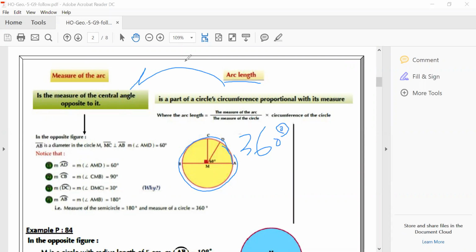The measure of the arc is equal to the opposite central angle. For AD, if I want the length of AD, it will be 60, the measure of this arc, over the measure of the whole circle. And this is constant. What is the measure of the whole circle?